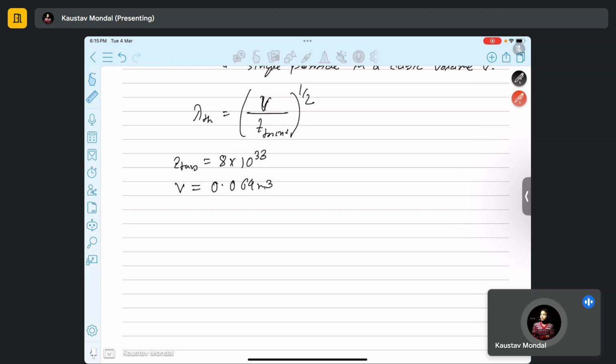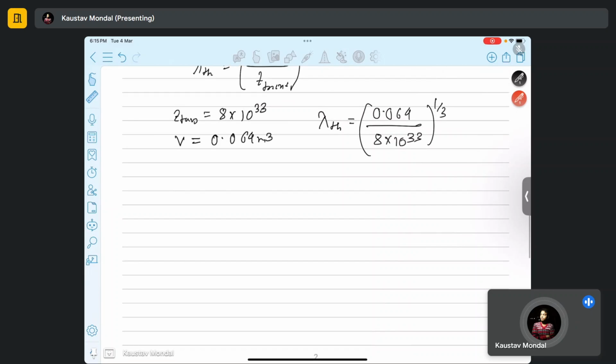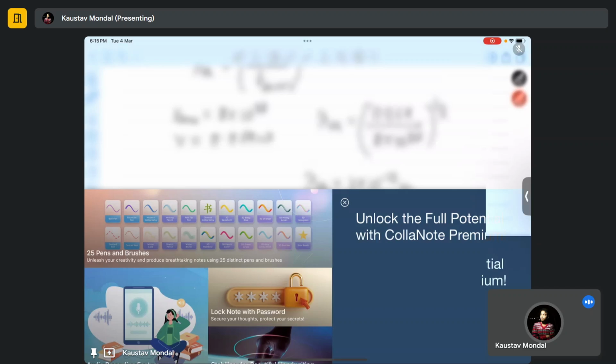So lambda thermal will be (0.064 by 8 into 10 to the power 33) to the power 1 by 3. If you compute this, you will get lambda thermal equal to 2 into 10 to the power minus 12 meter. This would be the final answer.